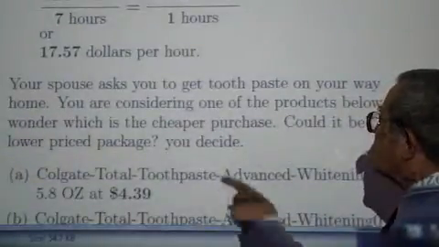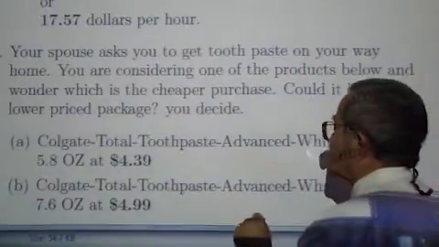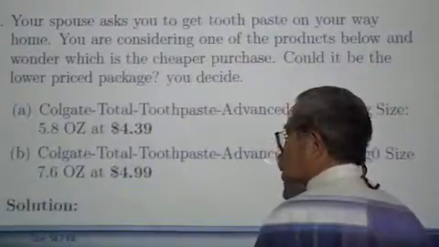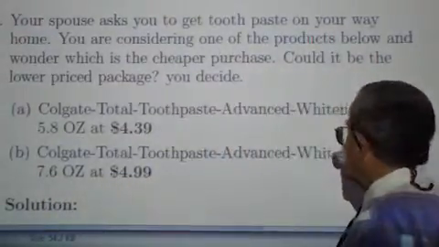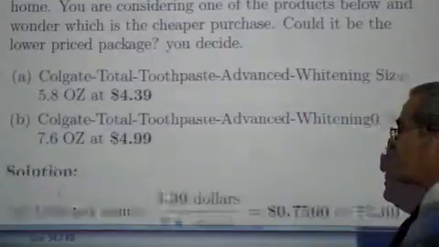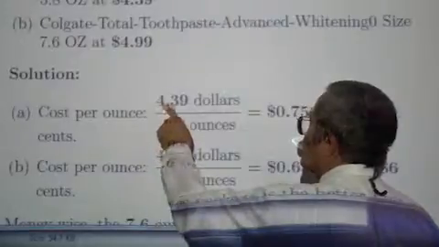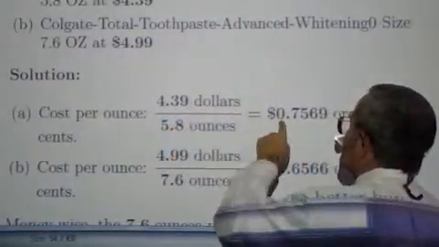Now your spouse asks you to get toothpaste on your way home, and you have a choice of 5.8 ounces at $4.39 or 7.6 ounces at $4.99. Which of these two is the cheaper? Well, you divide both of these. $4.39 per 5.8 ounces, divide by 5.8.